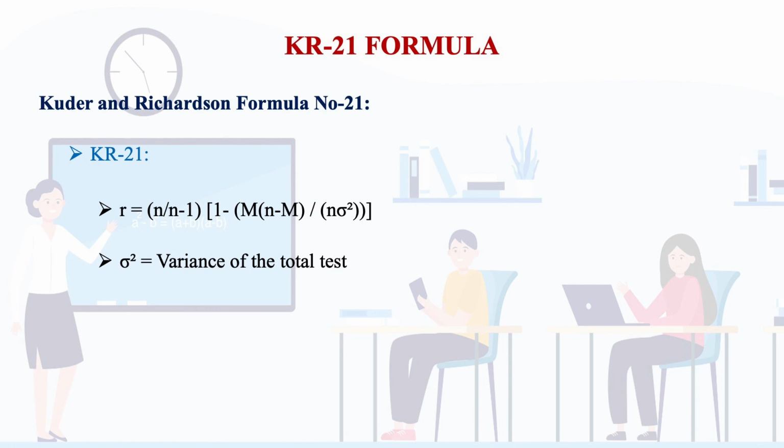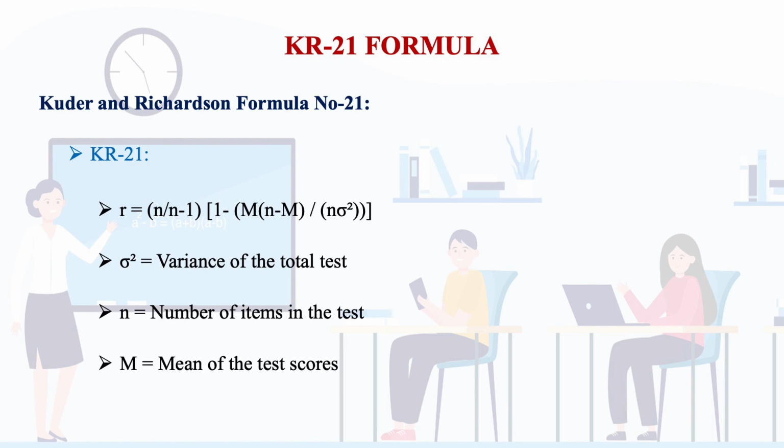You have the test scores, you have the individual scores. So you have to find out only two things: the mean and the standard deviation. After getting the standard deviation, you can square it and you will get the variance. Then you have the variance, you have the number of items, it may be 100, it may be 50 as per your test, and you have already calculated the mean.